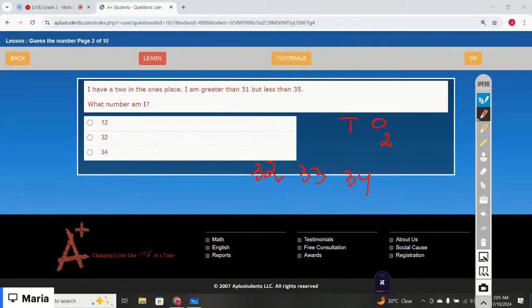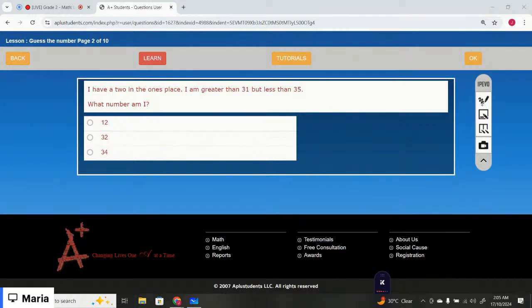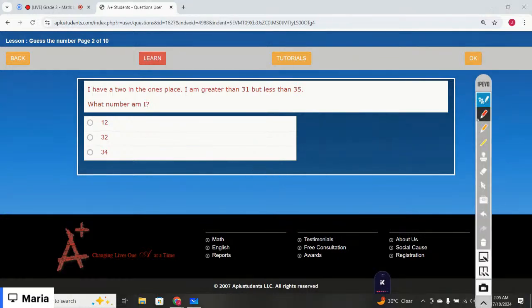So the only number that has 2 at the ones place is 32. The correct option is 32. Option number 2, yes, 32 it is. Very good. The correct option is 32.